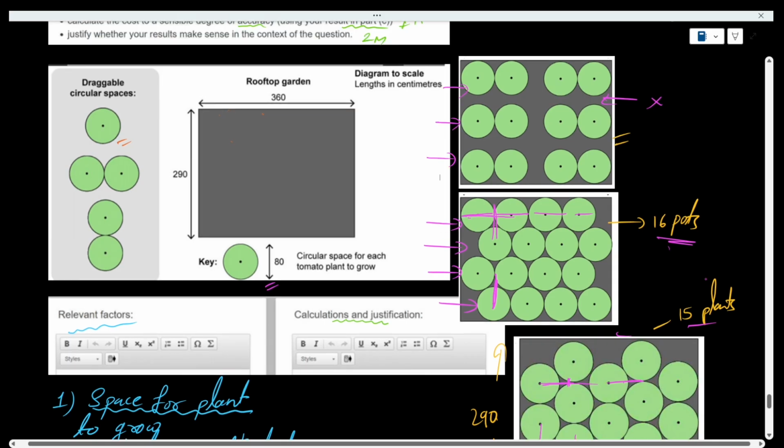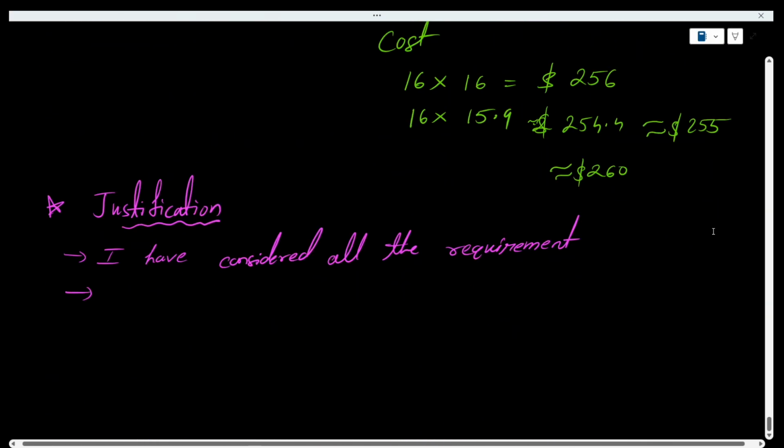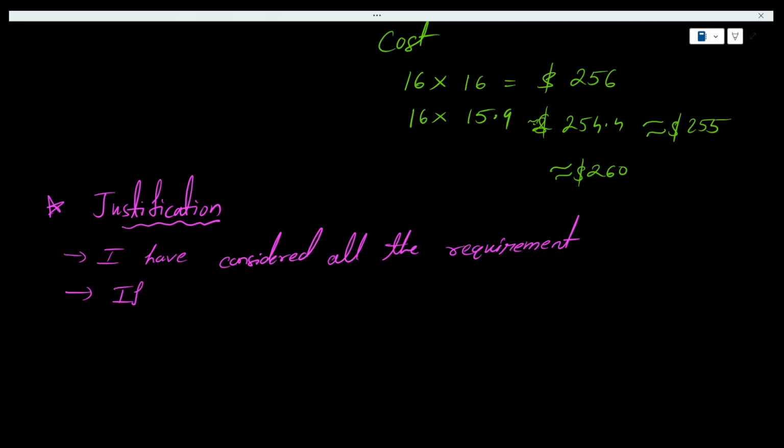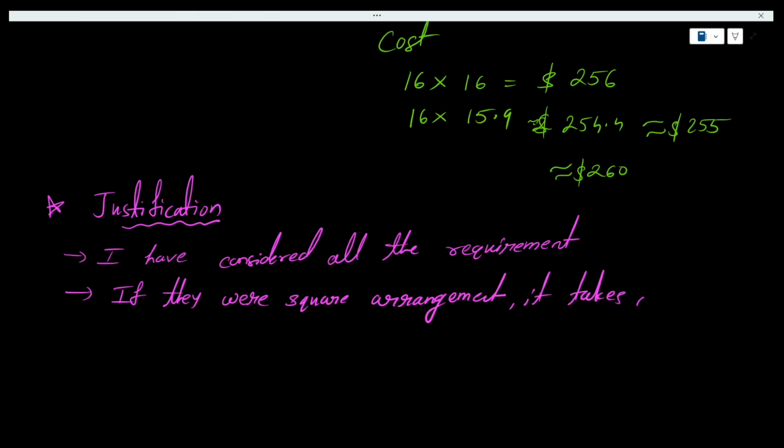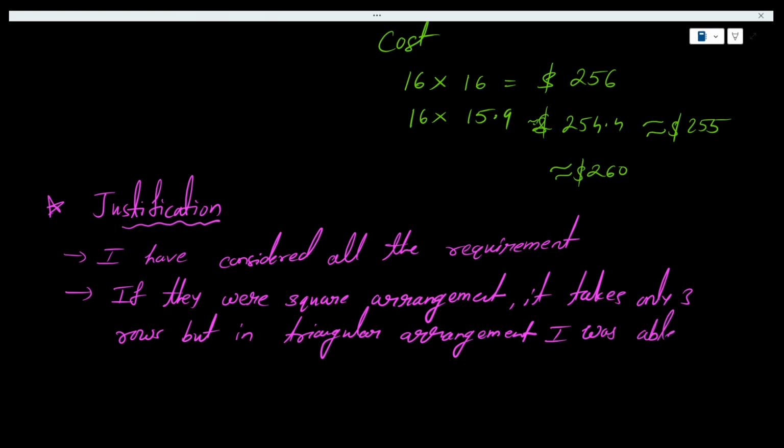So you can write: if it were a square arrangement, it takes only 3 rows, but in the triangular arrangement, I was able to fit 4 rows instead of 3 rows. See, in justification you have to write down all the reasoning.